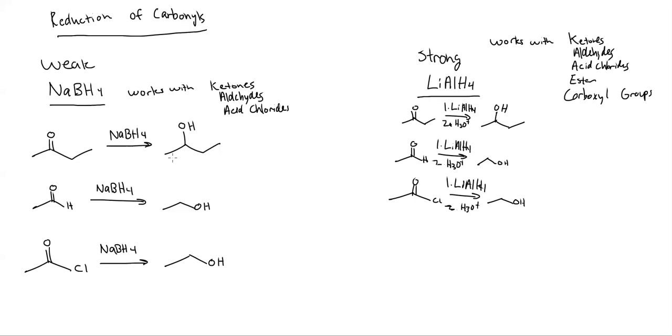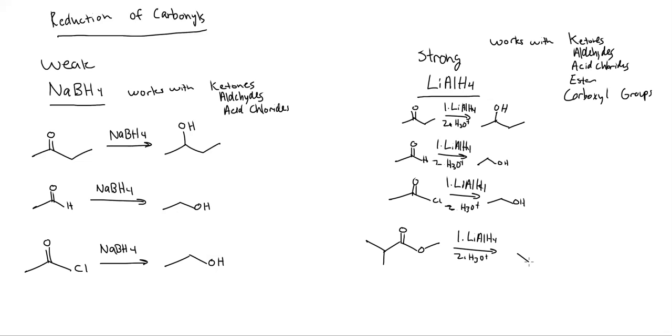Now if I have an ester, we'll take some ester like, I don't know, this ester, with lithium aluminum hydride. With sodium borohydride, it wouldn't work. So we'll take it with lithium aluminum hydride and then throw in some acid.